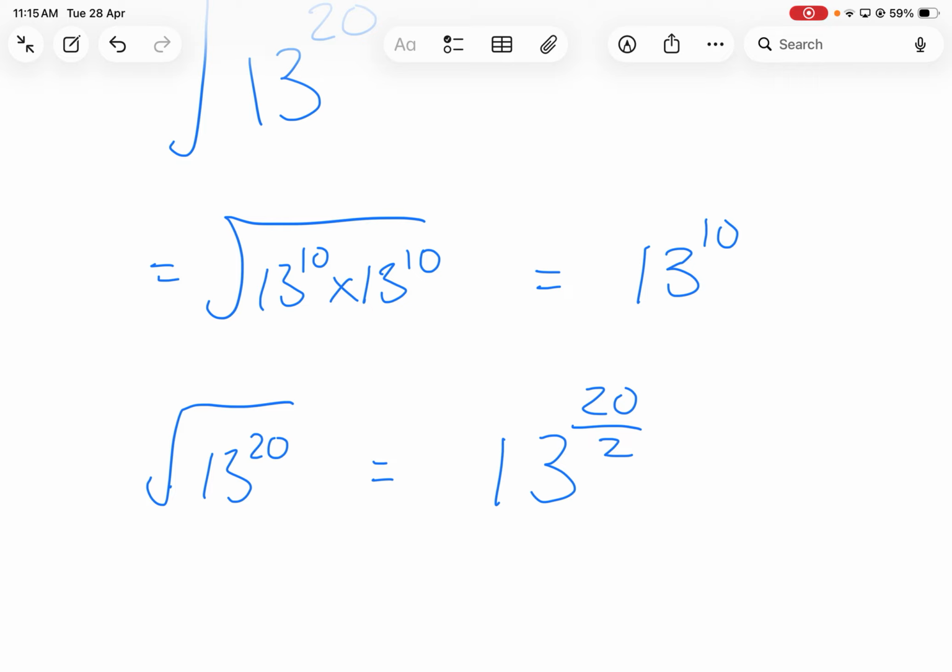So having a square root sign is the same as halving the power. So, every time we have a square root, if we don't have a calculator, how do we calculate? We write it as if it is halving the power. Dividing the power by 2. Okay?